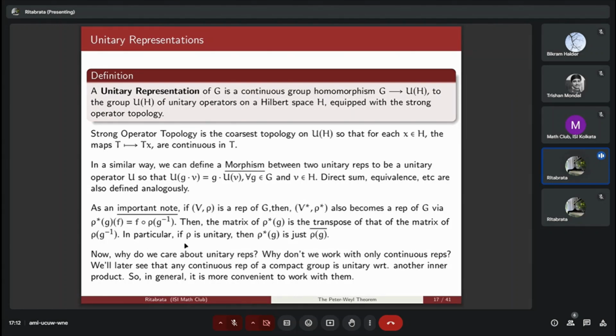In particular, if rho is unitary, then rho star of G is just the conjugate of rho of G. Basically, for unitary representations, the matrix of rho star of G is obtained by just taking the conjugate in each slot. This is very convenient and helps us do a lot of calculations easily. So this is the definition of unitary representation and morphisms between them.